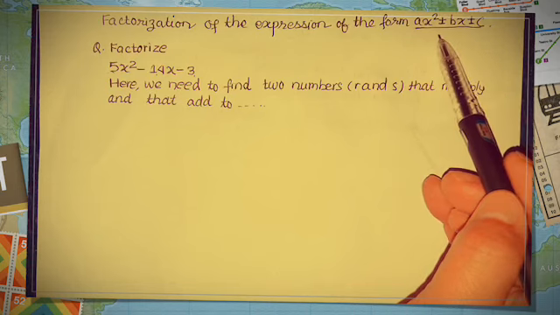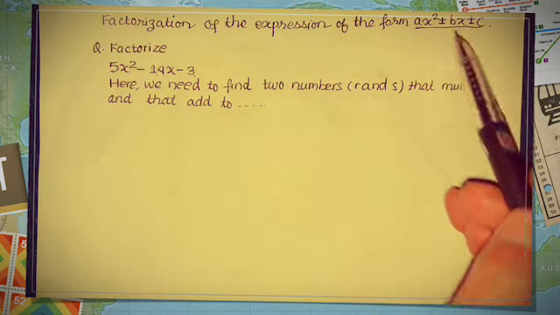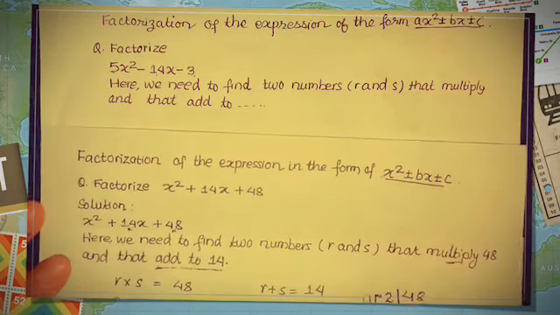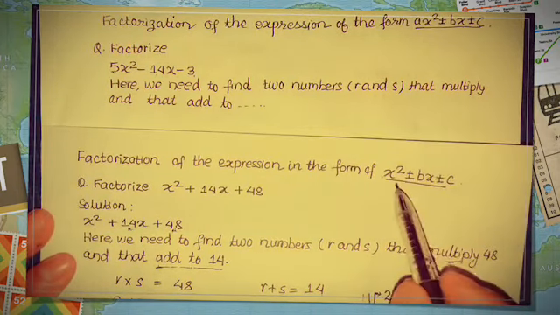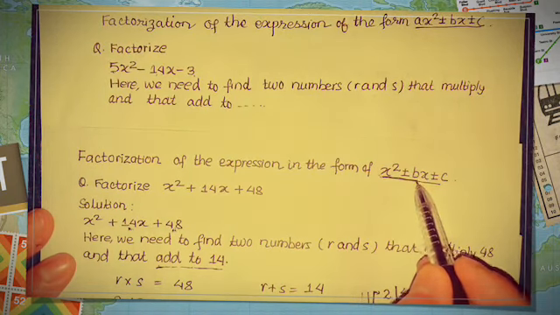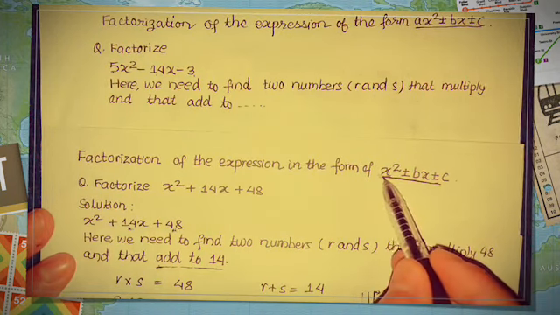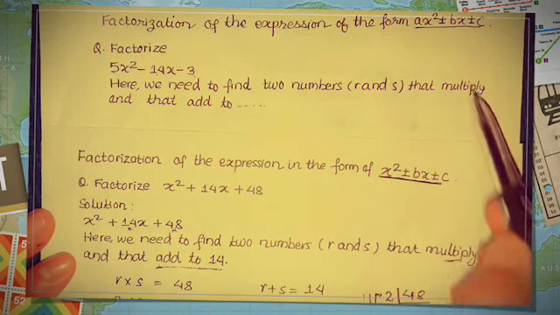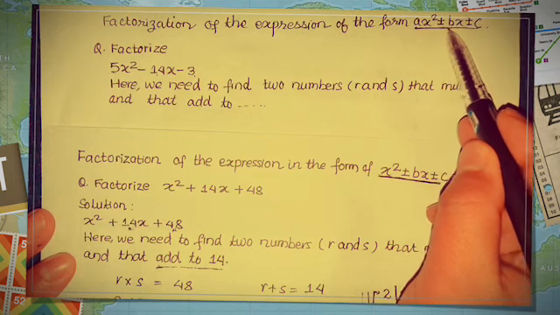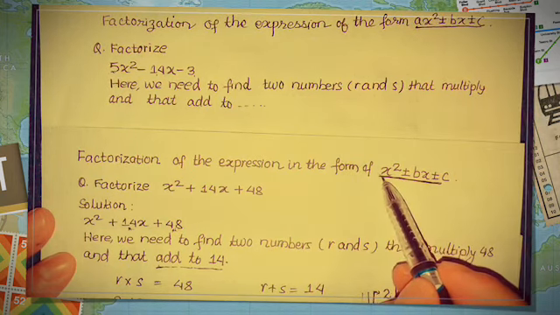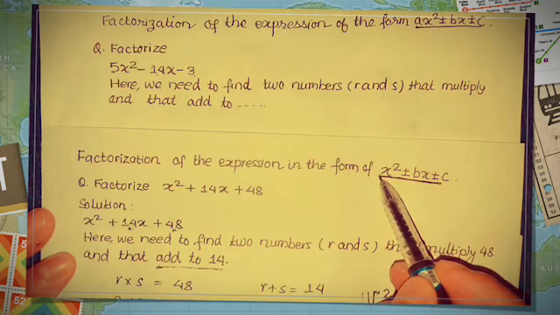I want to compare this with what we did in the previous class, where we factorized those expressions. What is the difference between the previous class expressions and these expressions? If we observe properly, we will clearly find out.